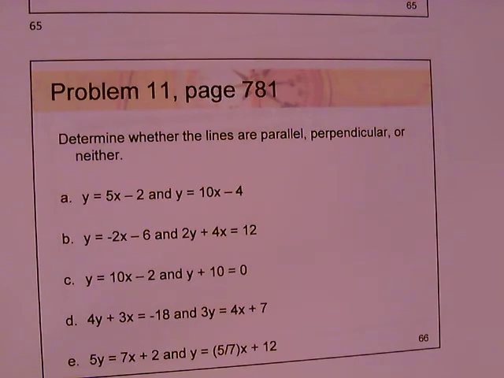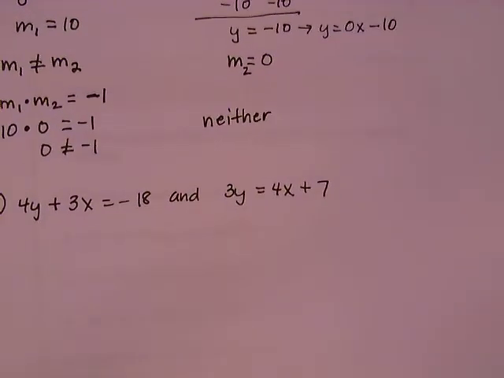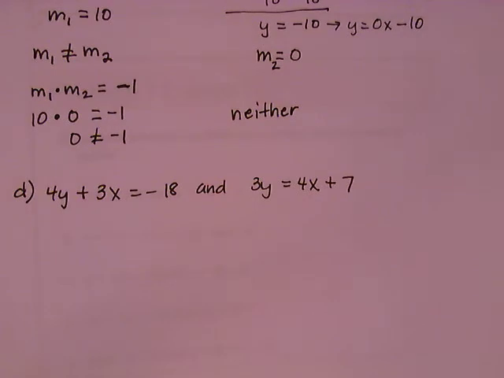Okay, now part D. Here we got 4y plus 3x equals negative 18 and 3y equals 4x plus 7. The first equation I need to solve for y.